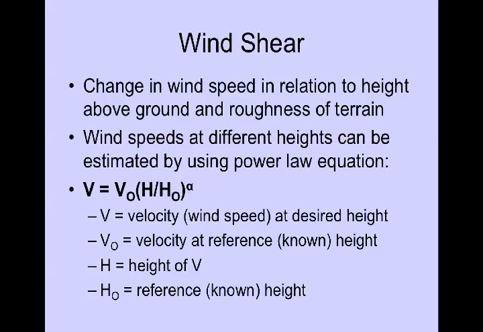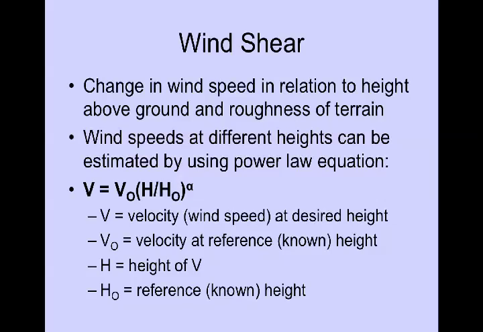We're going to take the velocity of the reference, meaning the known height, meaning maybe I measured the wind off of a 30-foot tall tower, and I have that number. And I'm going to multiply that times a ratio of the height of where I want the tower to be, divided by the reference height.